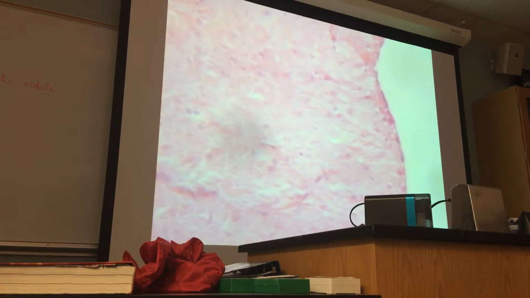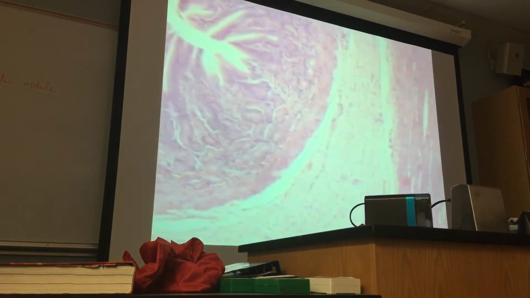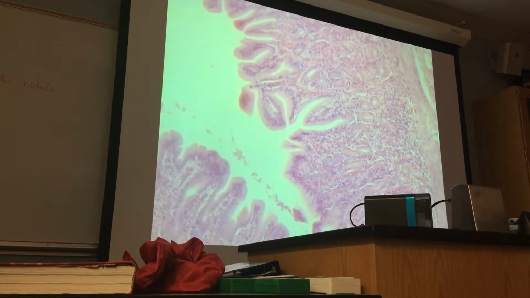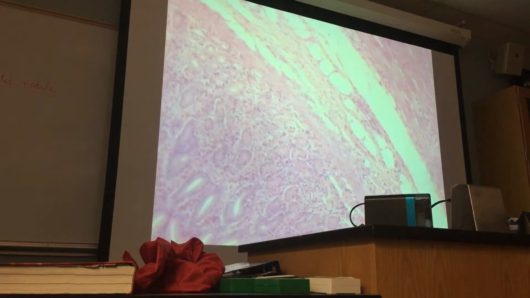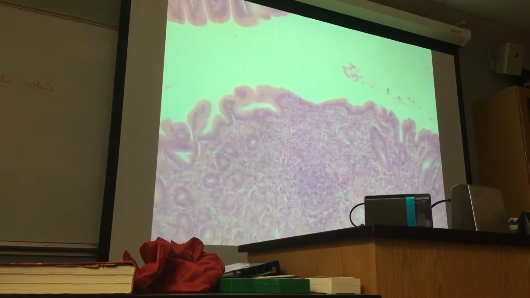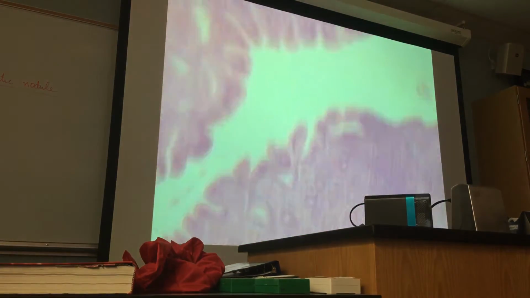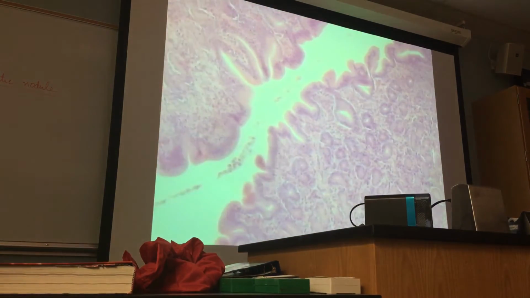Okay, I have to go back to lower magnification to show you other features in this, because there are stomach tissues from 3 different regions. Now I'm going to explain the gastric pits. There you go.